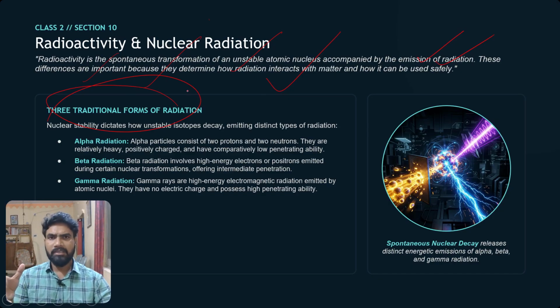There are some differences in the radiation released in this process, and they are known as alpha radiation, beta radiation, and gamma radiation. Just know the names of the different types of radiation. That's it. You need not go beyond that. Remember, there are three types of radiation: alpha, beta, and gamma. In the image, you can remember what alpha, beta, and gamma radiations are.